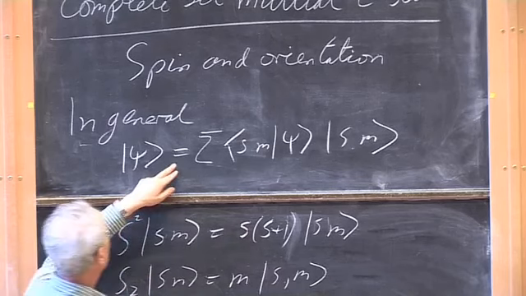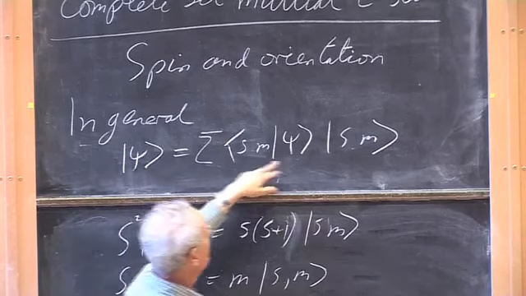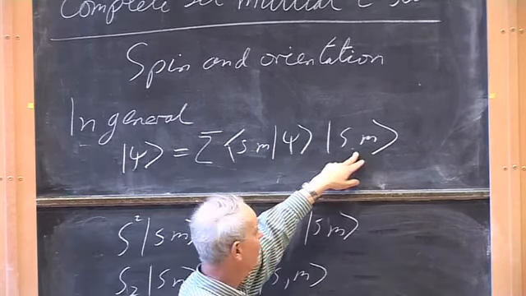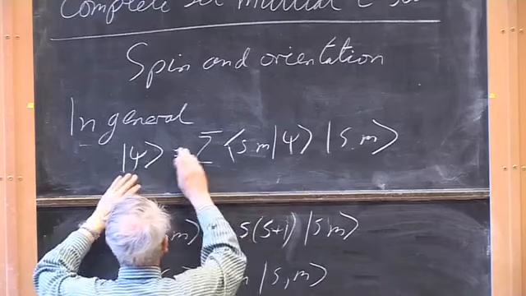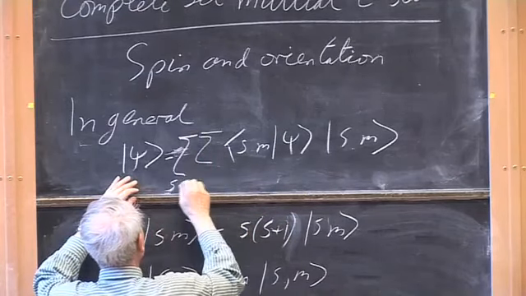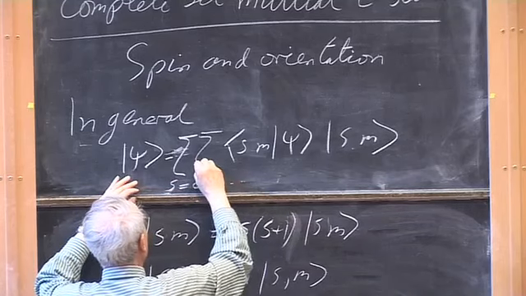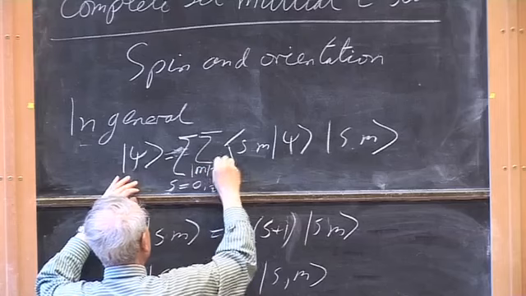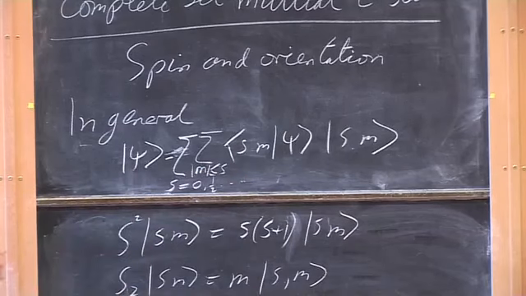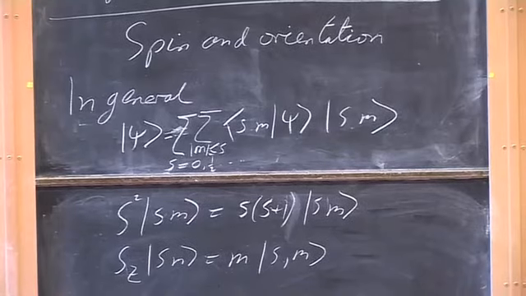So I should be able to expand any state as a linear combination of these states. And what are we going to have to sum over? We're going to have to sum over s equal to 0, a half, and we're going to have to sum over m in modulus less than or equal to s. This should be a generally valid statement.